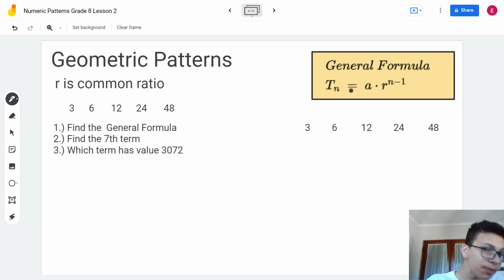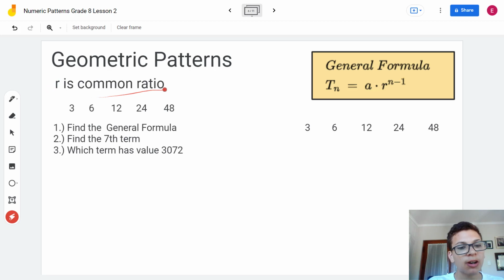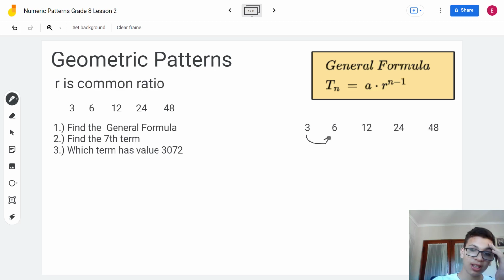So what is a geometric pattern? Well, a geometric pattern has r. r is the new thing we have, and r is called the common ratio. As you can see, we have the example 3, 6, 12, 24, 48. Now the common ratio is how do you get from 3 to 6? We're not going to add 3, we're going to multiply by 2. That's the common ratio. What you have to multiply the first term by to get the second term. What you have to multiply the second term by to get the third term?